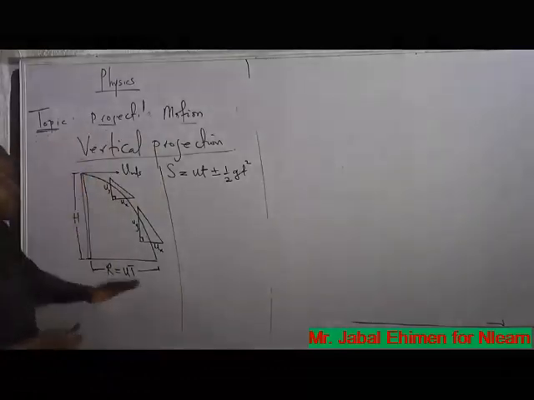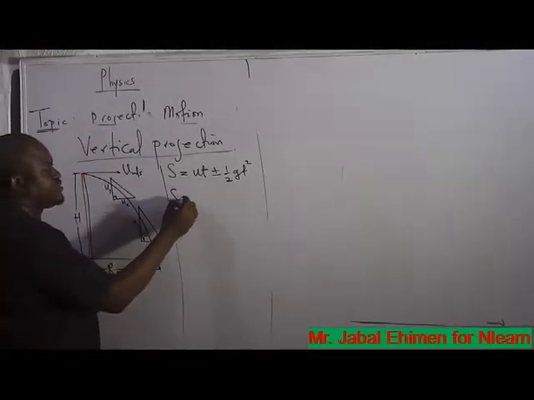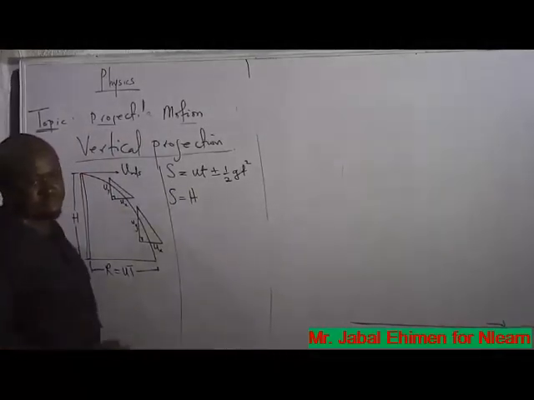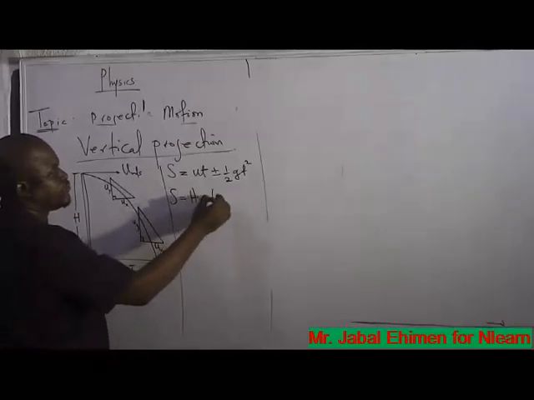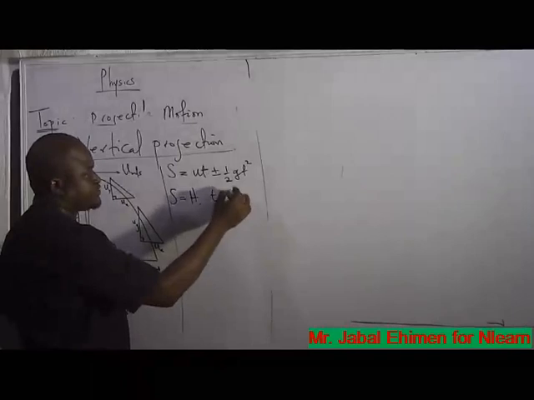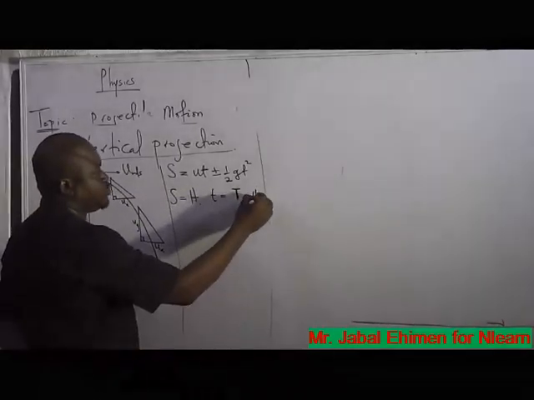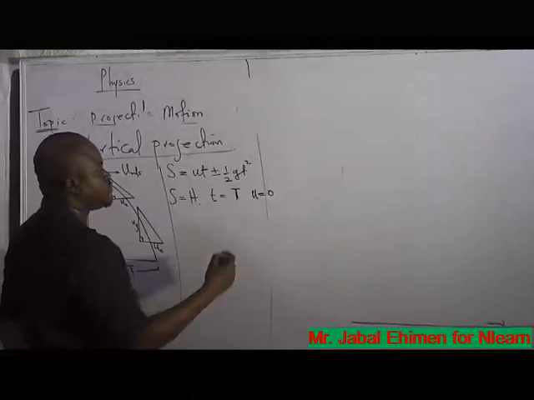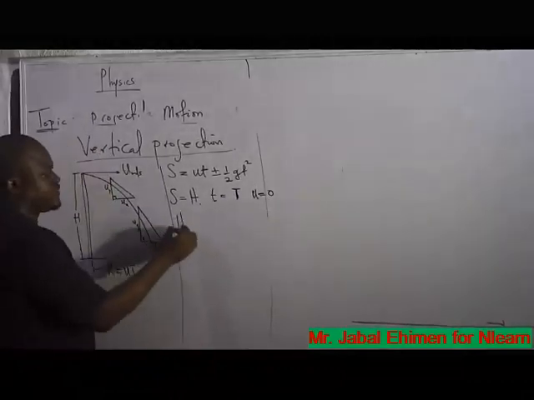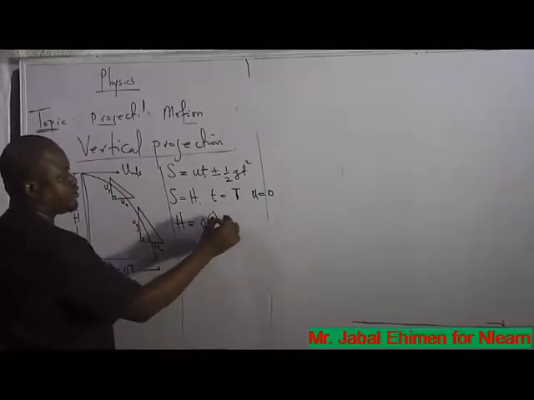So let me replace: let distance, which is in meters, now be represented as height, and let the time of flight be capital T. We know very well that u is equal to 0, so height is equal to 0 times T.